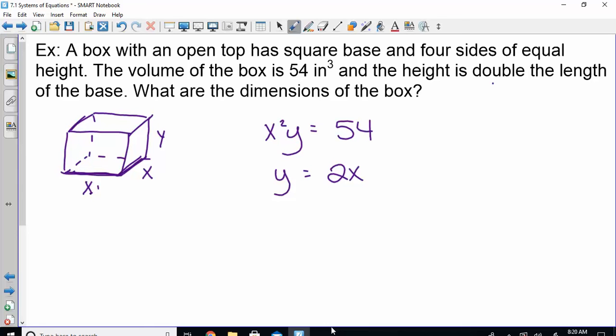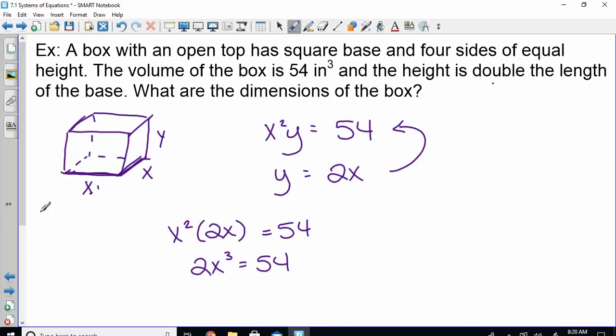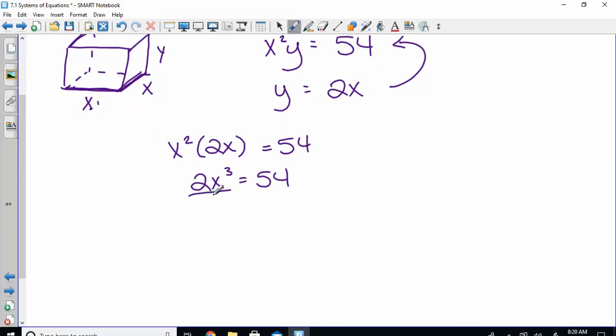Alright, substitution or elimination? Substitution. We can plug the second one into the first very easily. So we have x squared times 2x equals 54. So if we divide by 2, x cubed equals 27.